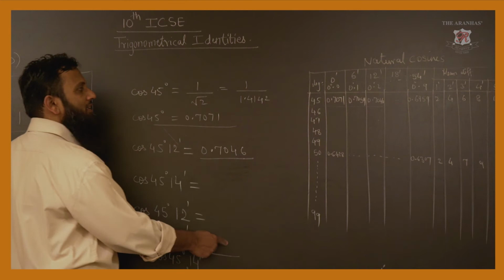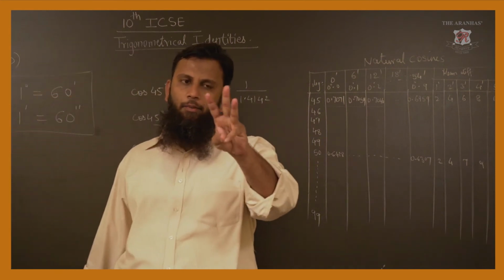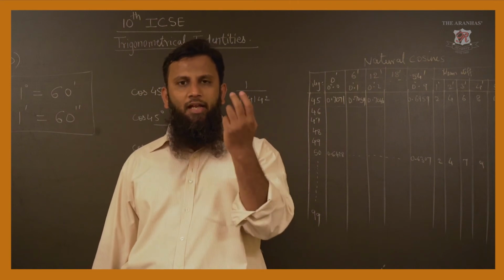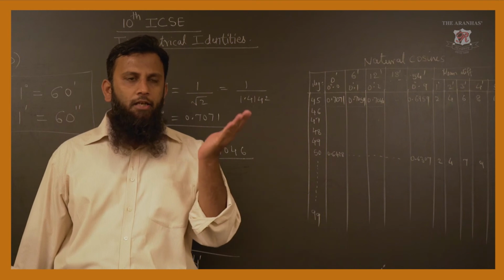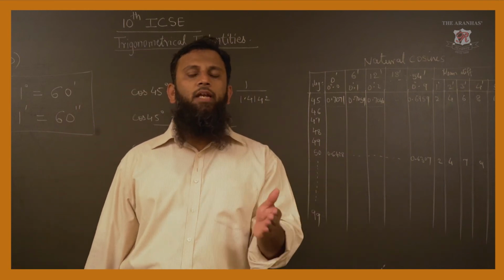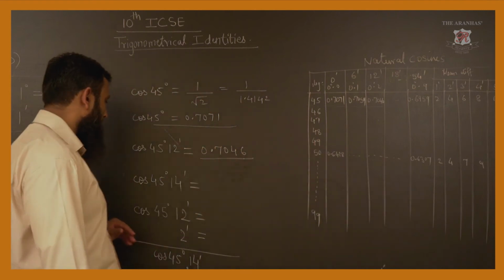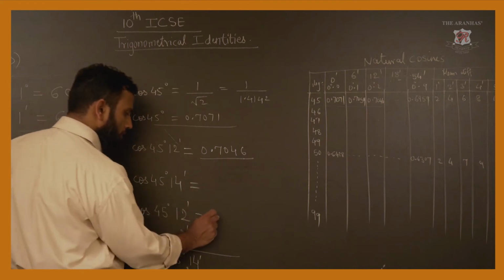That is the difference between sine and cosine. Remember students, there are 3 available: natural sine, natural cosine, natural tangent. Natural sine and natural tangent are the same, whereas natural cosine has a different concept where you have to subtract.